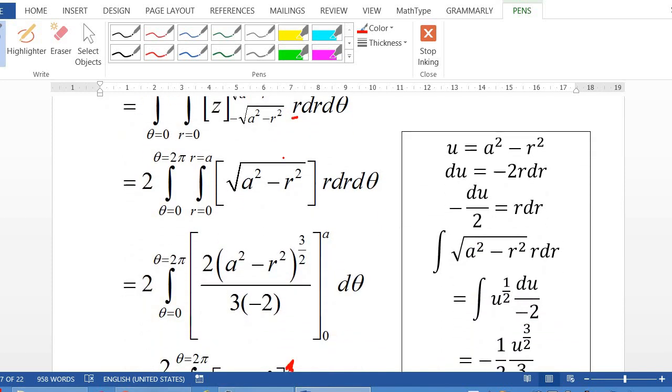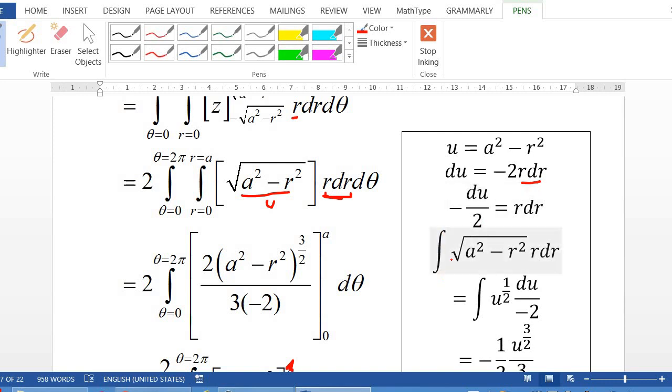To integrate the square root of a squared minus r squared times r dr, we use a substitution: we replace a squared minus r squared with u. U is a squared minus r squared. From u, you find du/dr is negative 2r, so du is negative 2r dr. You notice that you have the term r dr, so r dr becomes negative du over 2.